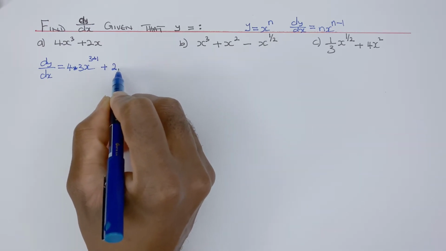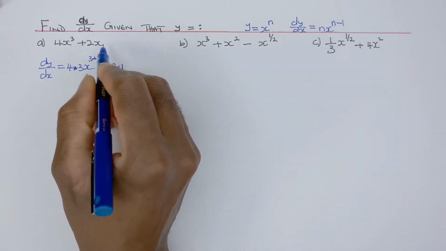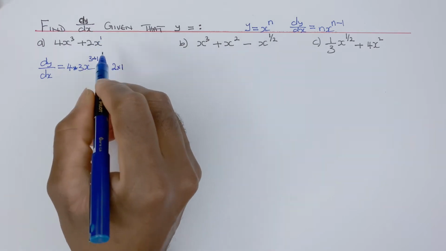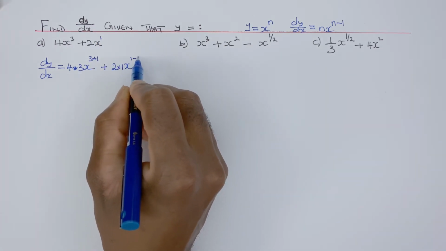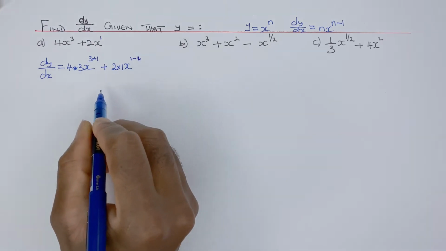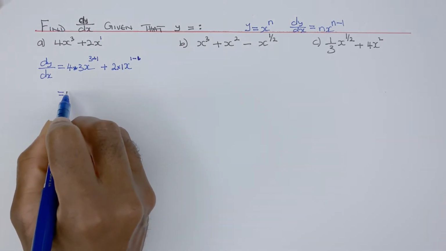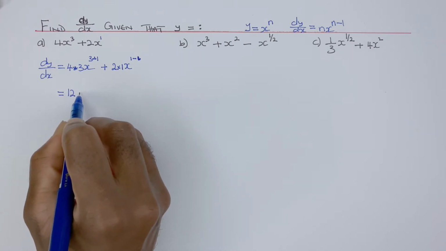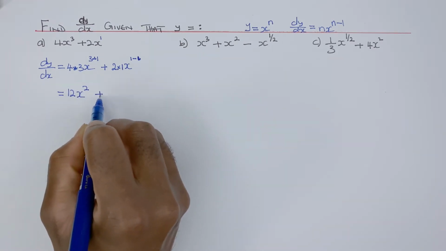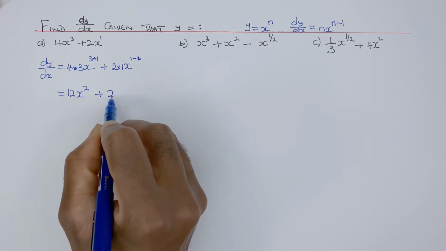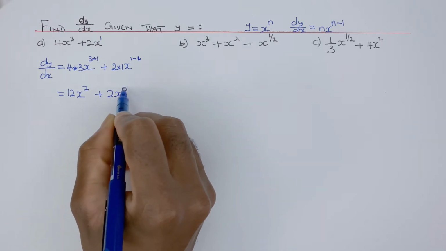2 times 1, because there's 1 here, x to the power 1 minus 1. And that will be 12x to the power 2 plus 2x to the power 0.